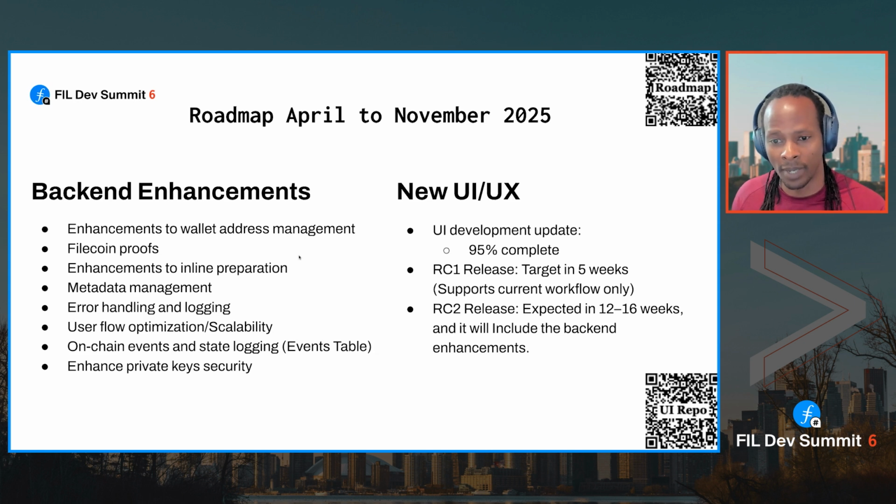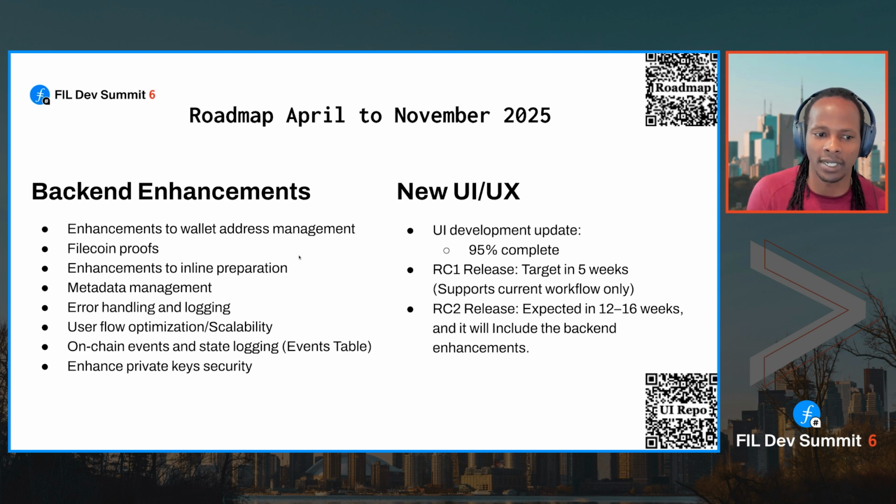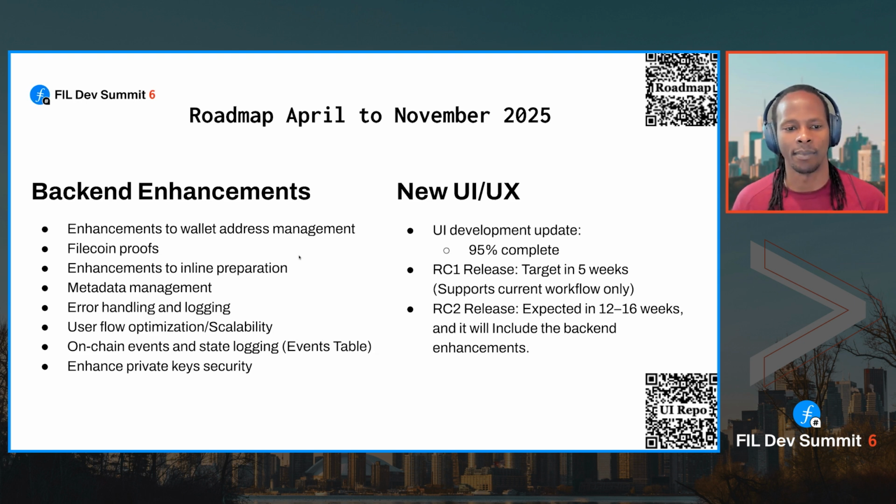And then at the moment, a lot of important logging and errors isn't handled properly with Singularity. So sometimes you'll have pieces failing and you have to go through some screens, some logs that are not even packaged properly, not presented in a friendly manner. We want to make sure, first of all, every important error during preparation, during deal scheduling, as SPs are sealing this data, anything that happens is logged properly, either in a table somewhere or a file somewhere, and then eventually exposed to users through the UI/UX.